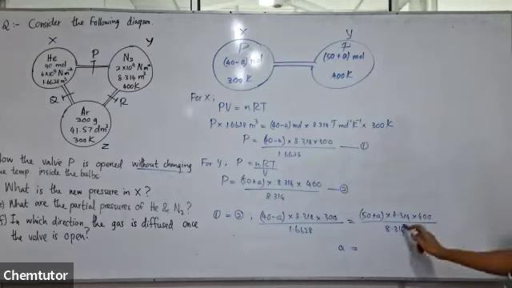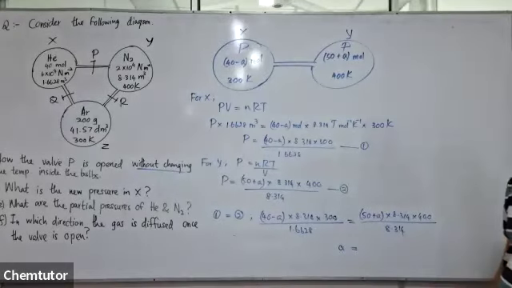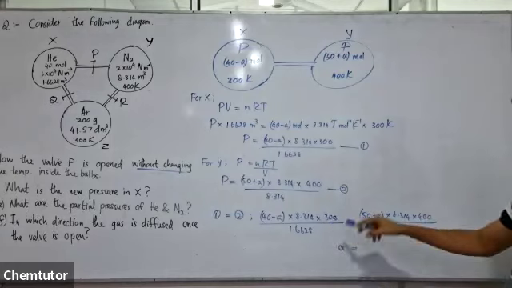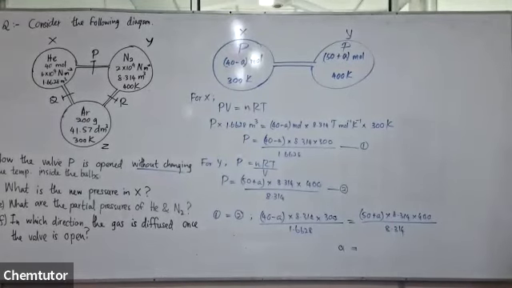Right, 8.314 and 8.314 get cancelled out. 1 times 5 is there. Then in 400, two zeros are cancelled off. 5 times 3 is 50, 50 divided by 4. Likewise, once you simplify, you will get the value for A as 80 divided by 3.8.